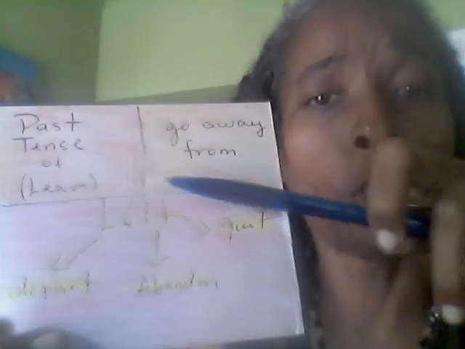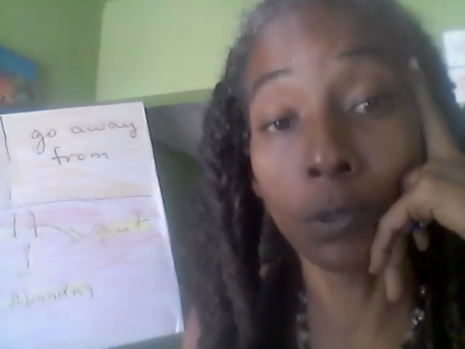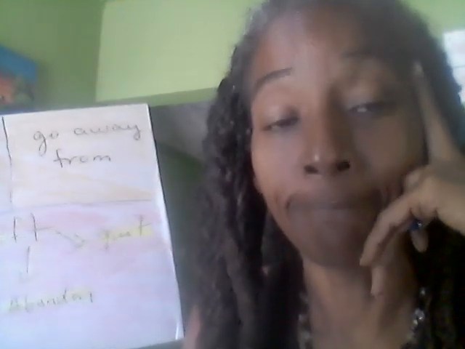That's what the dictionary said. Yeah, that's what it says in Google. But we know that you just say, make a left right here, or your left hand, right? And then you also have the word left, which means to go away from. So, the universe is confused. Yes, it is.